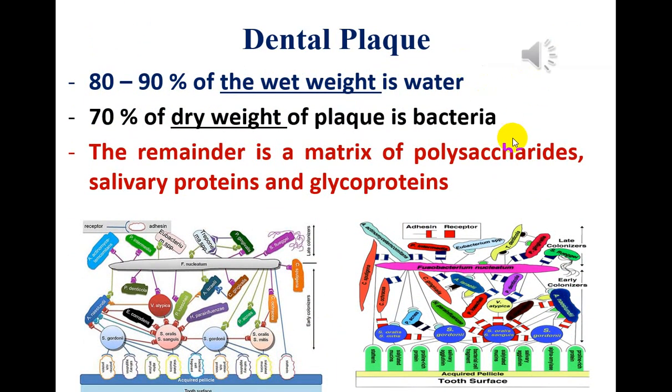80 to 90% of the weight of a plaque is composed of water, and 70% of the dry weight of a plaque is formed from bacteria. The remainder is a matrix of polysaccharide in addition to salivary proteins and glycoproteins.